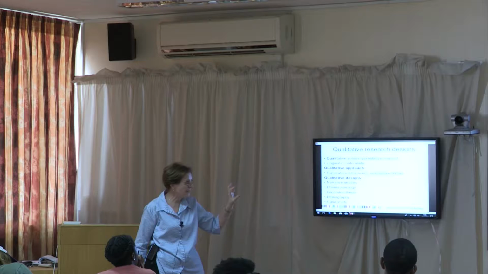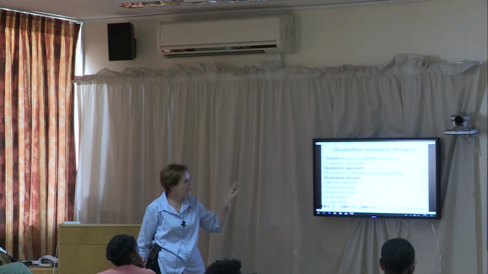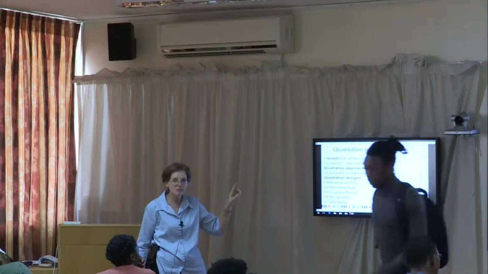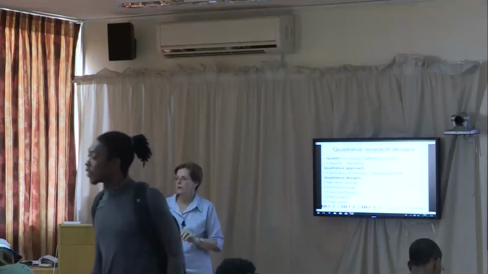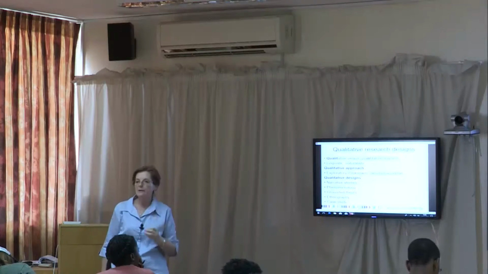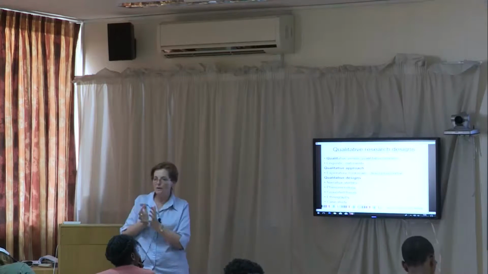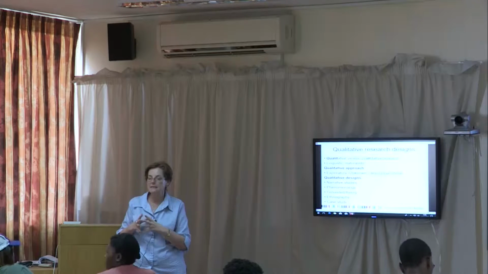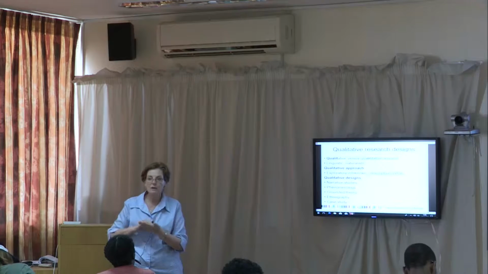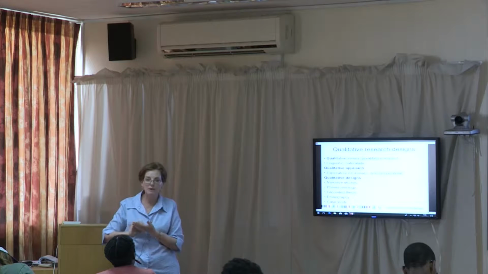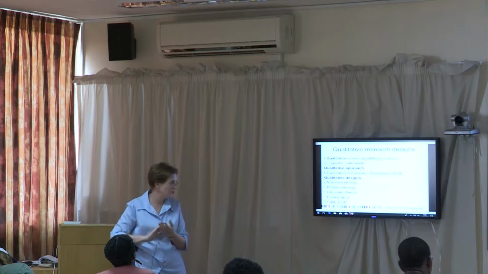In qualitative data, we analyze the language. In other words, you can go to a company, collect all their information about a certain issue, and analyze and see what the company has said about that issue.